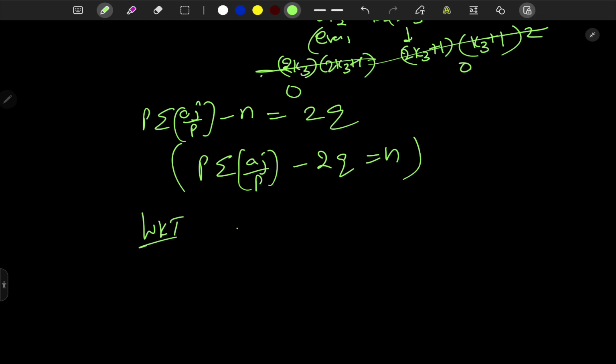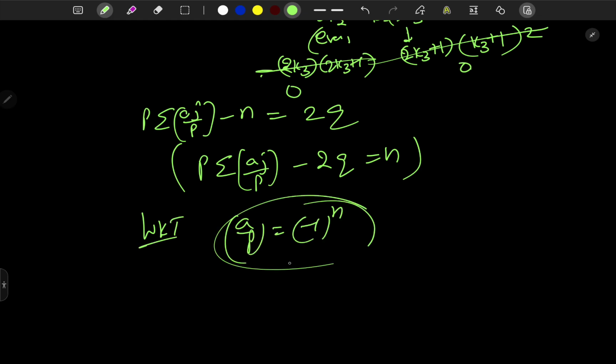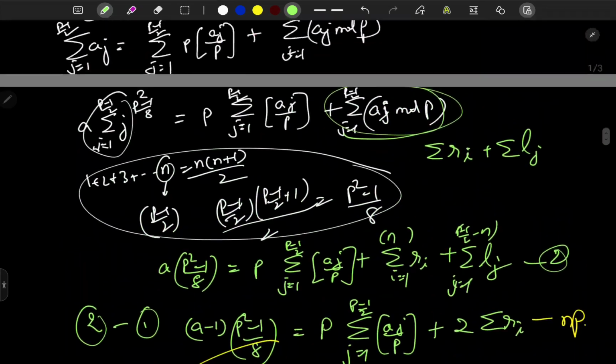Since we know that (a by p) equals minus 1, the minimum condition is that p is a prime number and GCD of a and p is 1. If that happens, we can tell it like this. So we have seen that GCD of a and p equals 1. Why so?